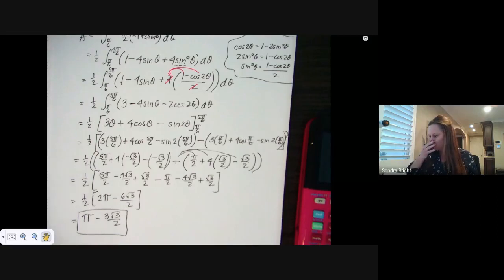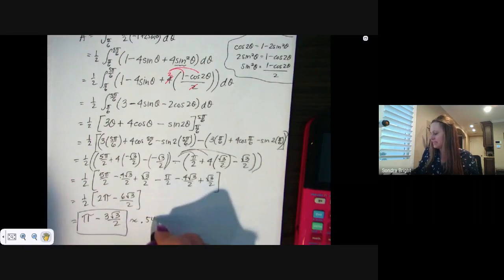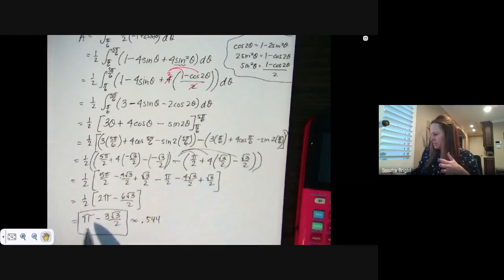One way, if you don't get this exact answer, the approximation is 0.544. And so just put whatever your exact answer is in and compare, right? Because you could have done it a different way. Did you remember there's symmetry involved?